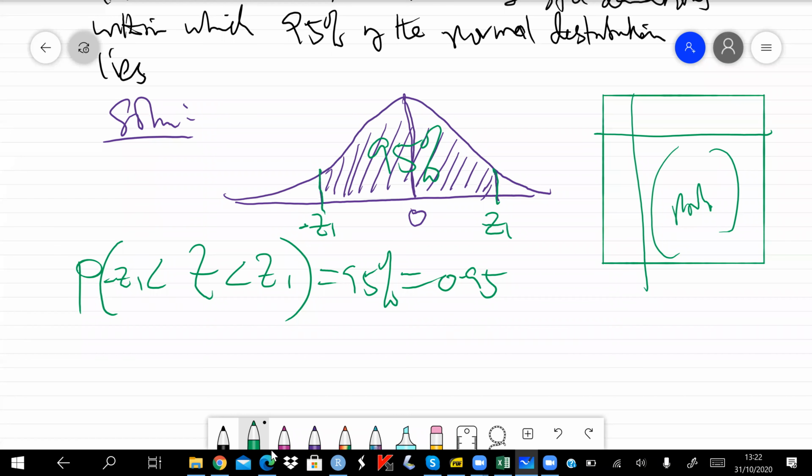Then we know that the entire area under this curve and above the Z-axis is 1. So the tails, the unshaded part, is 5%. It means that if you take this plus that, that is the remaining 5% of the distribution.